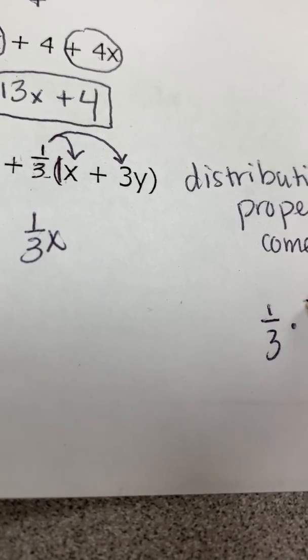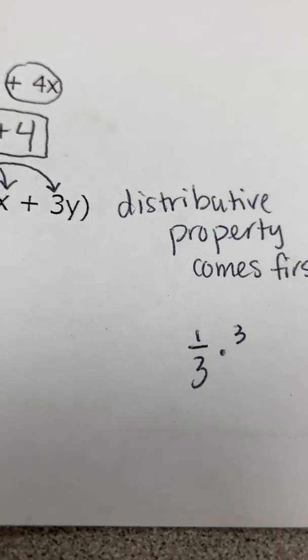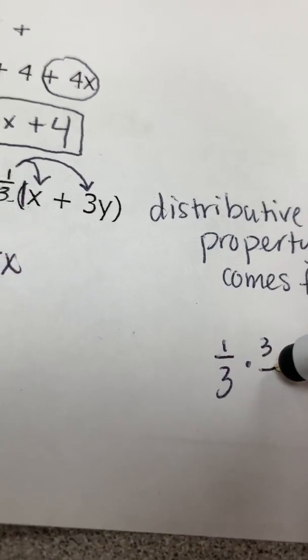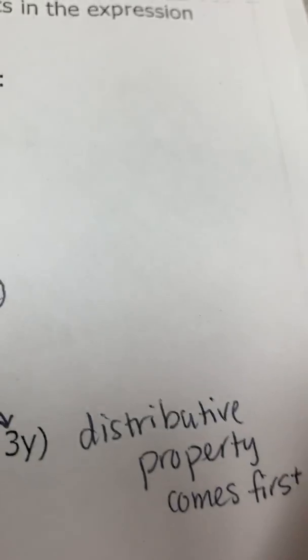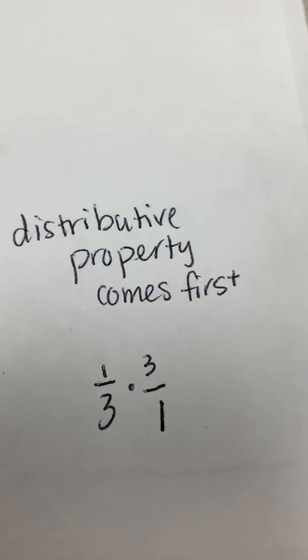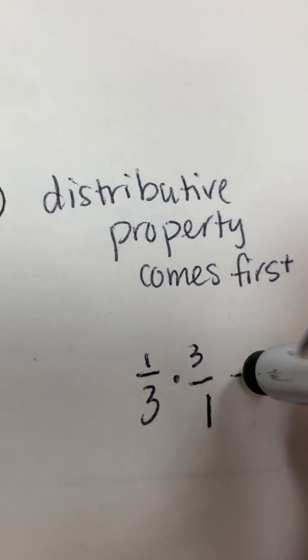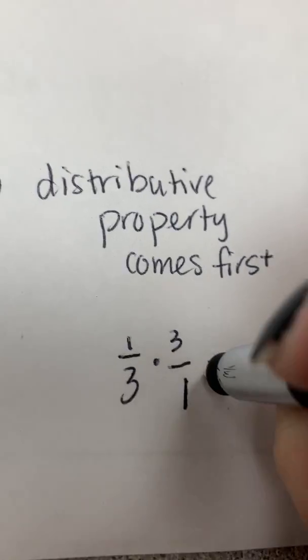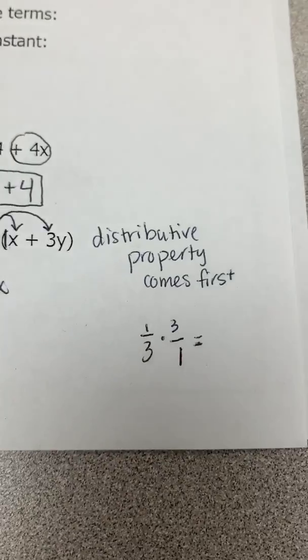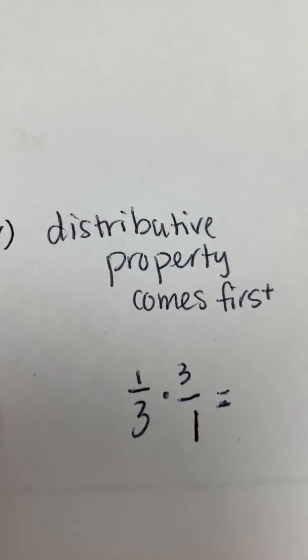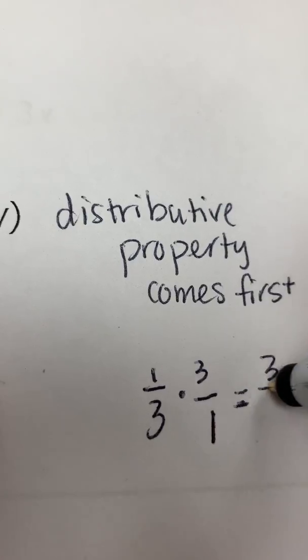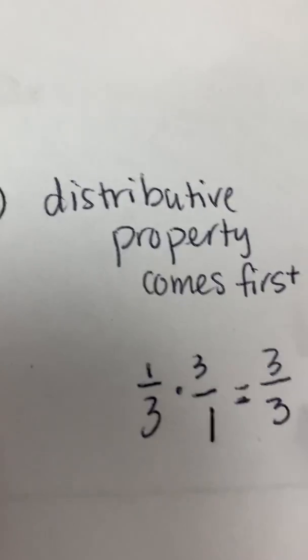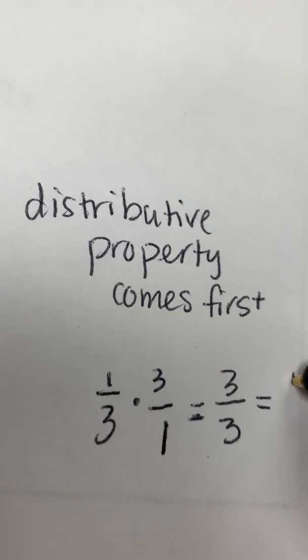1/3 times 3. 3 is a whole number, so it's written over 1. And then I am multiplying straight across. And I get 3 over 3, which equals 1.